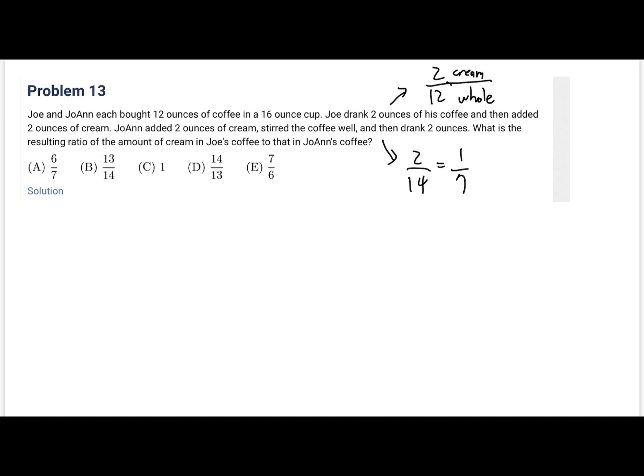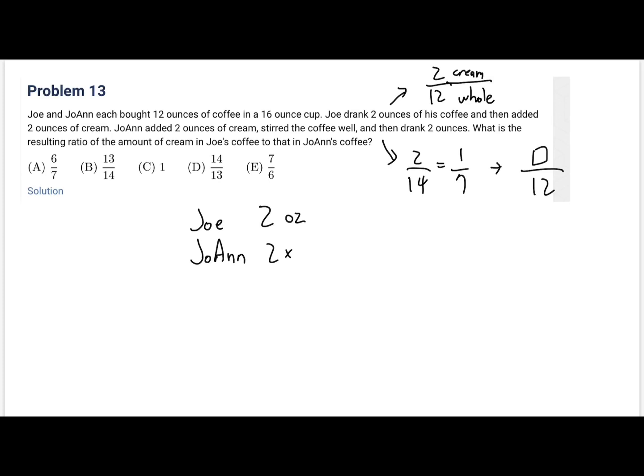And so the amount of cream in Joe's coffee to that in Joanne's coffee: Joe has 2 ounces, and Joanne has 2 times 1 over 7.